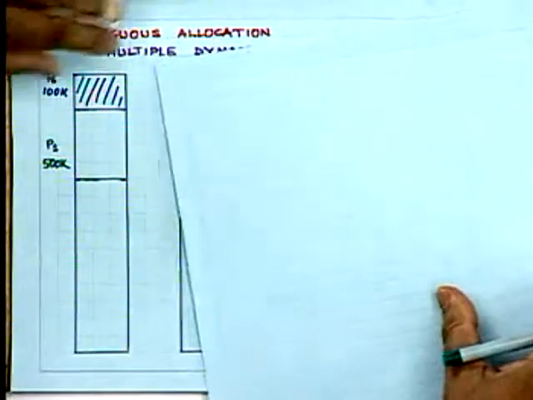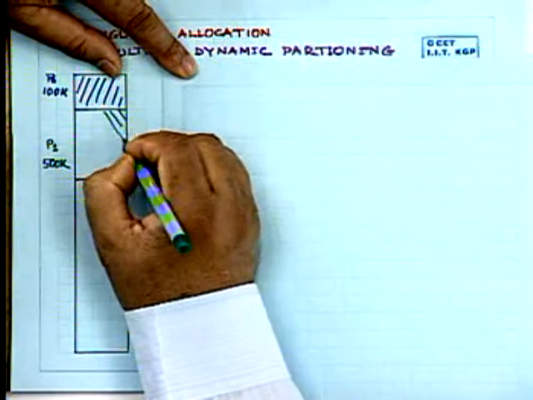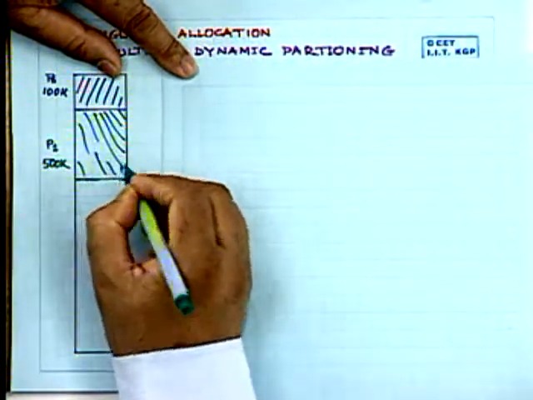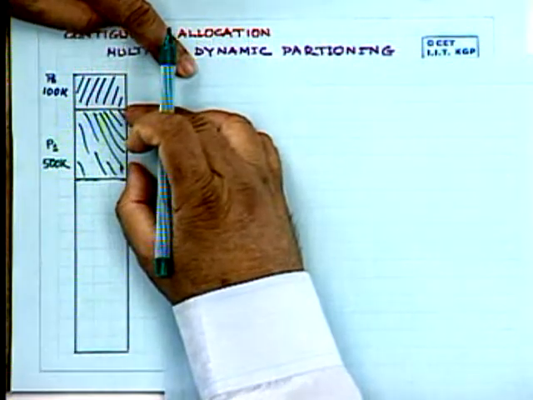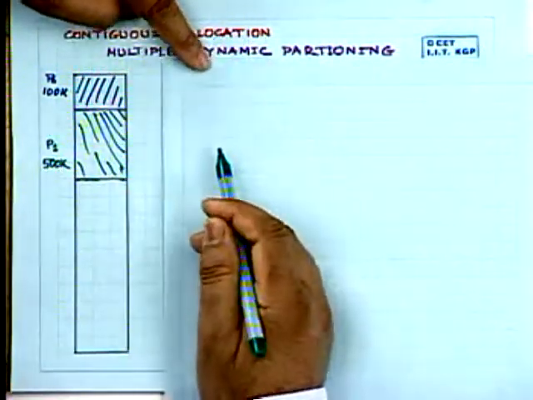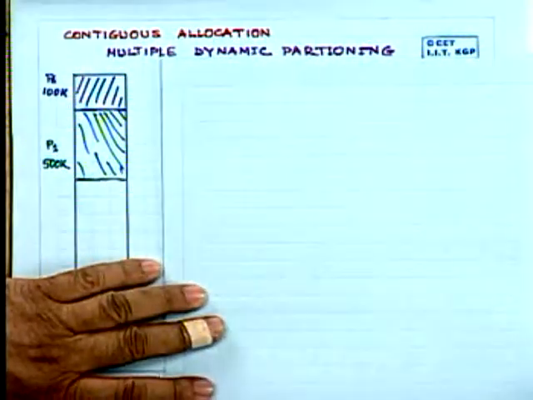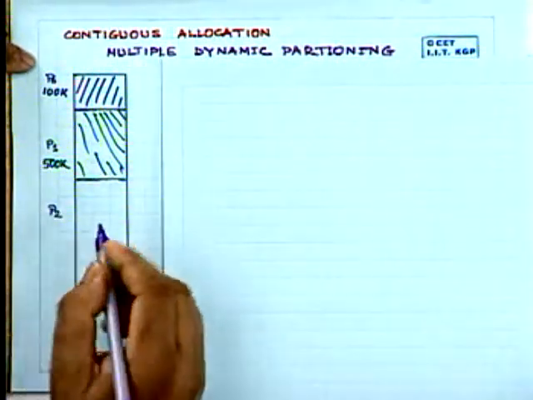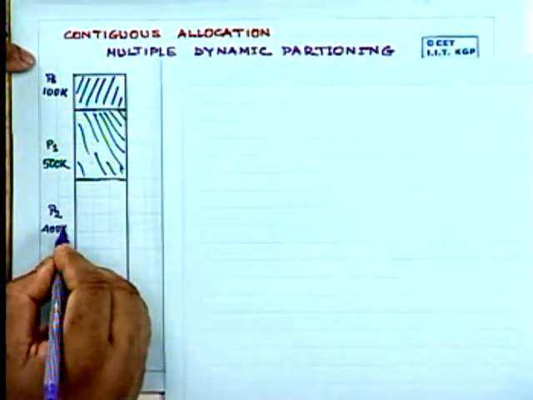We take now a chunk of 500K, just starting from here. A chunk of 500K memory location is now taken and is allocated to the process P1. That way, say another process comes, P2 of say 400K.